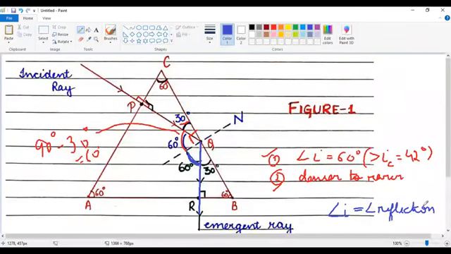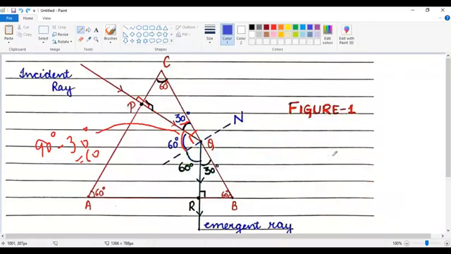Hence, if the angle of incidence is 60 degrees, then the angle of reflection will also be 60 degrees, as shown in figure number 1.